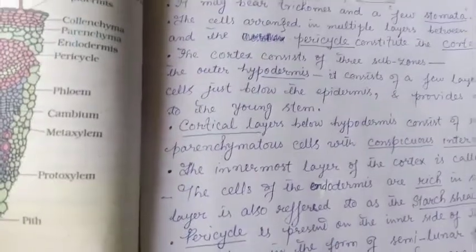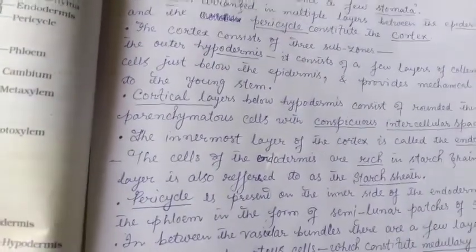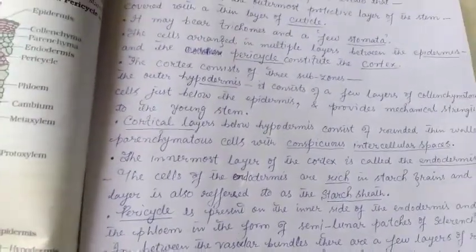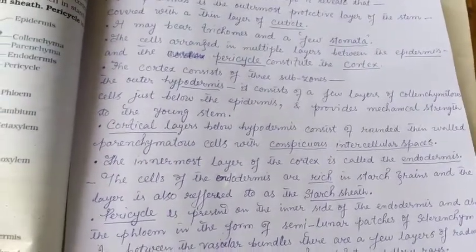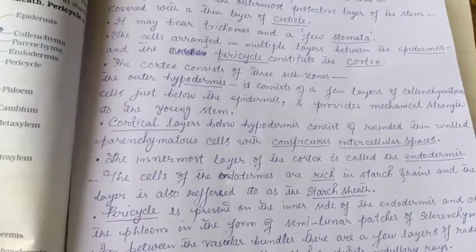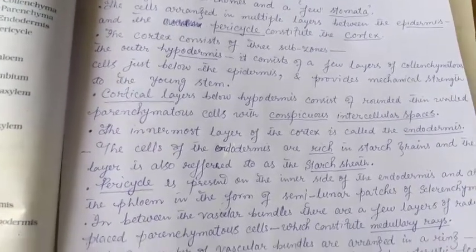And then the cells of the endodermis are rich in starch grains, and the layer is also referred to as the starch sheath.